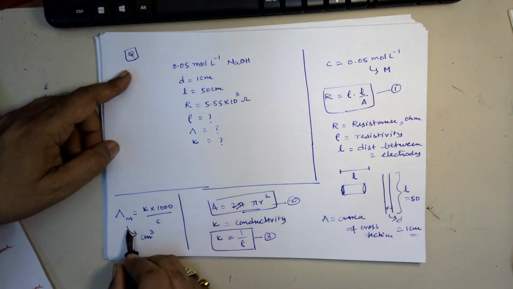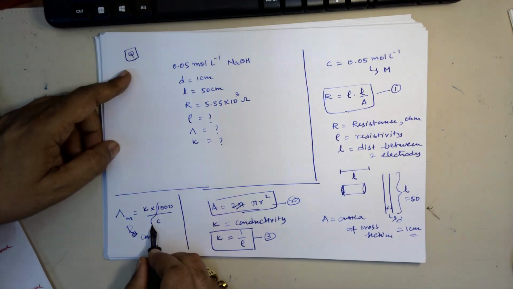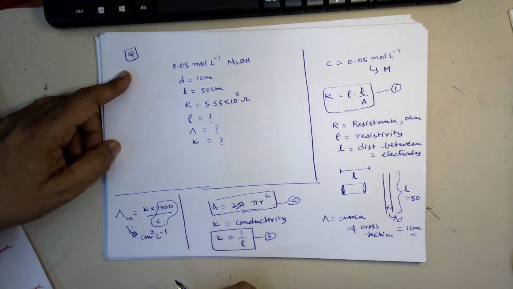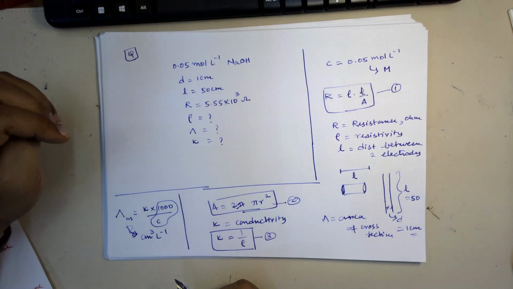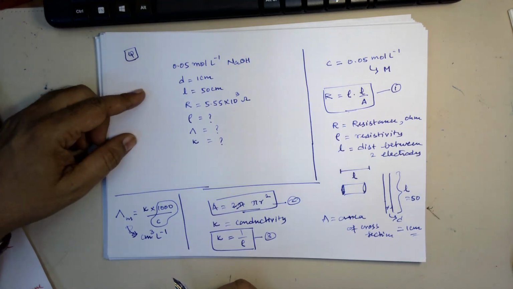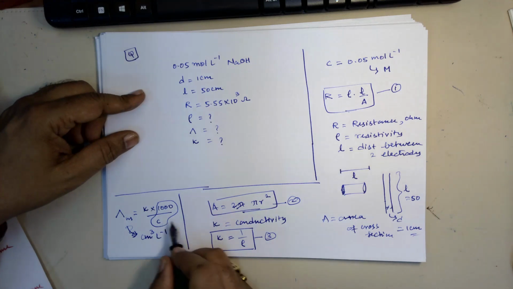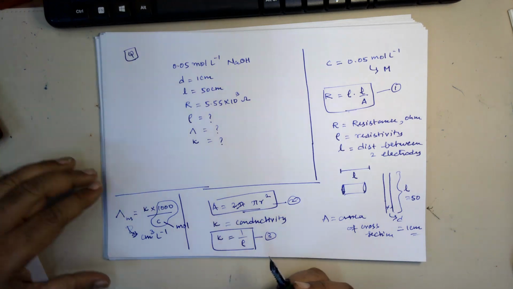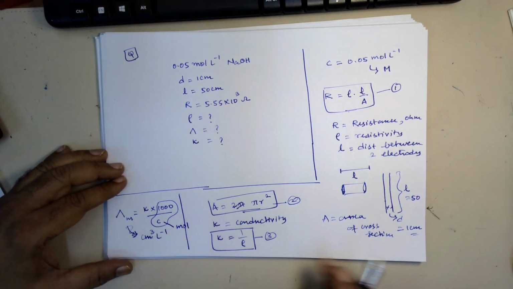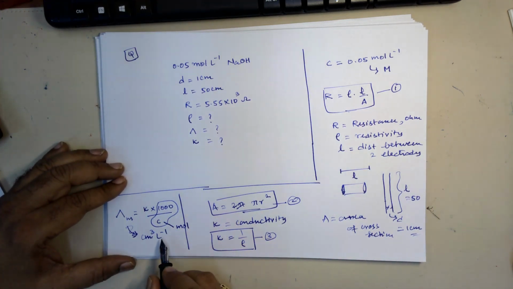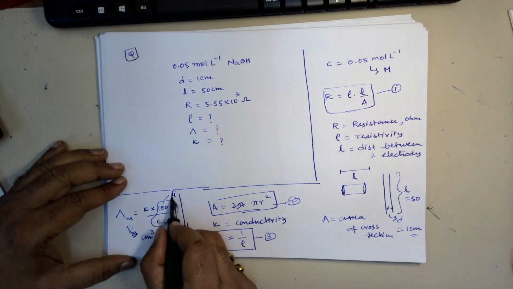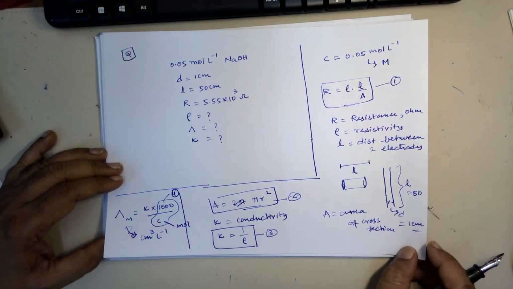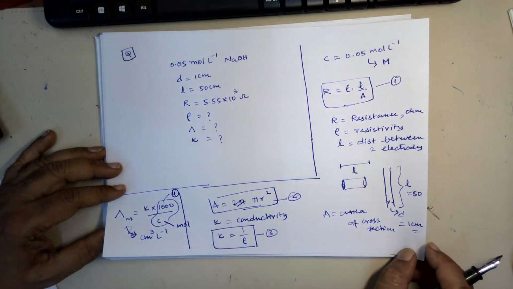And C is in mole per liter. So you have to be very careful about the unit. Now let us proceed one by one. This is the fourth equation or formula to be used in this problem.